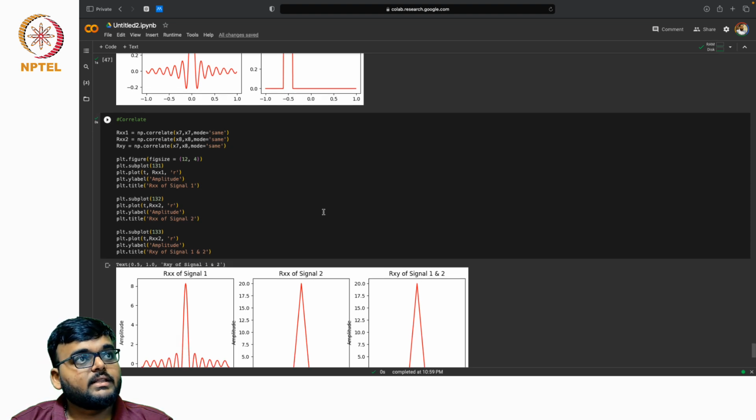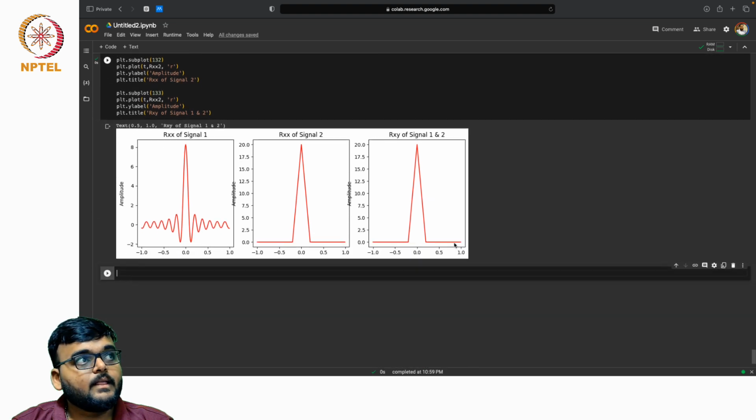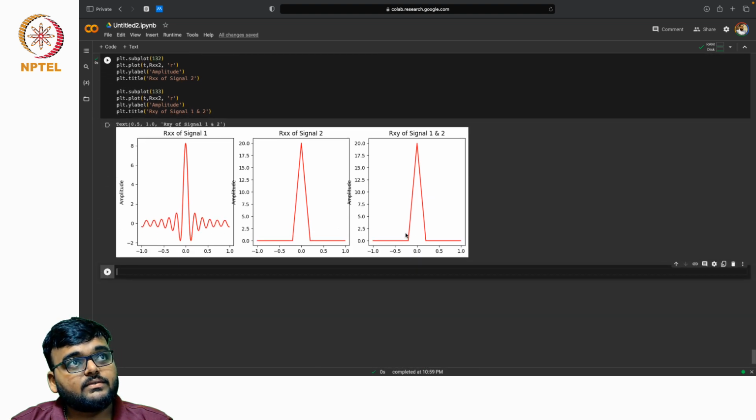The width is almost the same, with a slight difference which you can't see with the naked eye. So let's do another thing. We will take a Fourier transform and see how the spectrum looks.